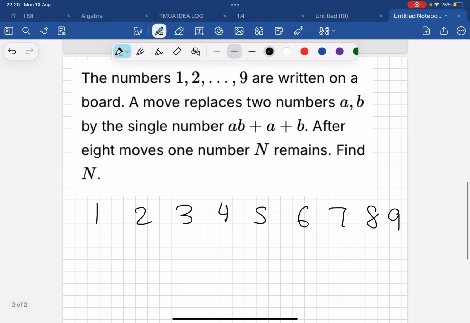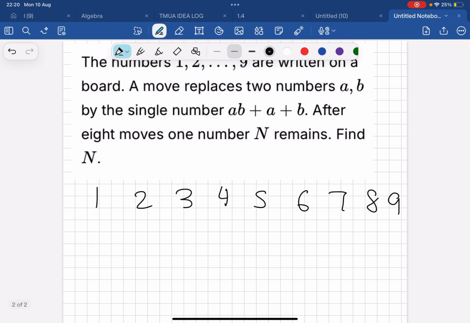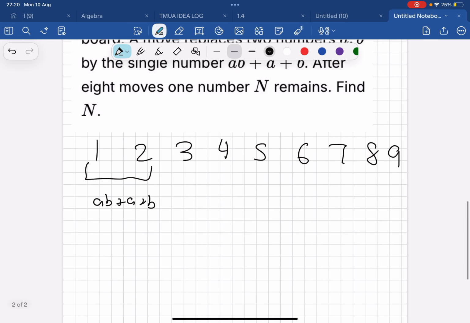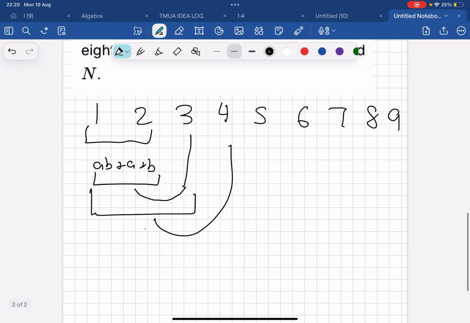So we do a move, and that replaces the two numbers, so let's say 1 and 2, by AB plus A plus B. Now we do this 8 times, but notice how there's 9 numbers. So we can use this new number formed with 3. We form another new number, we'll go with 4, and so on and so forth.